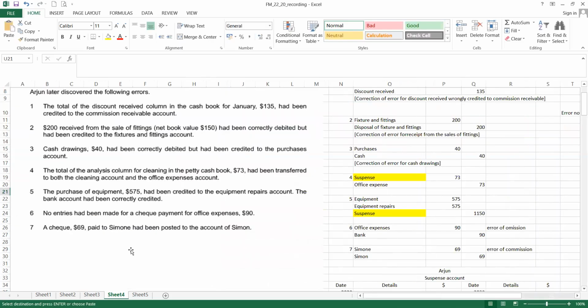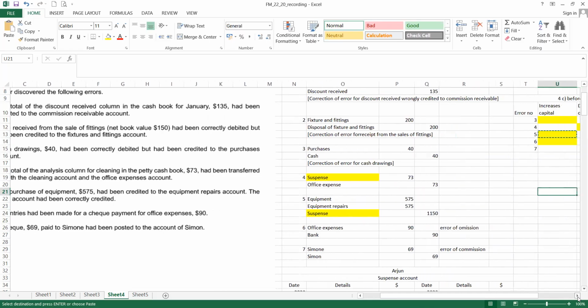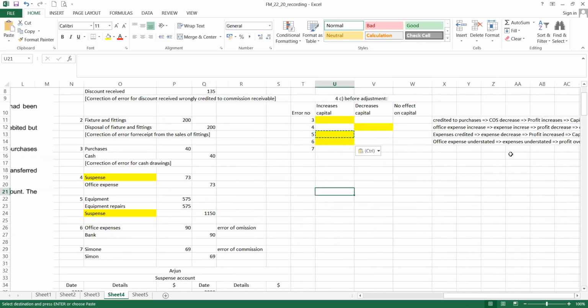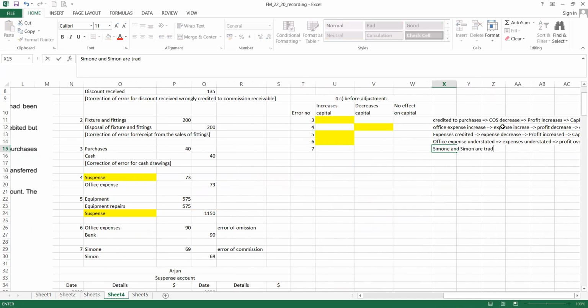Next. A cheque 69 paid to Simon has been posted to the, so you notice that both are the same, not related to the Simon and Simon are trade payable. So it will not give impact, no impact to profit.